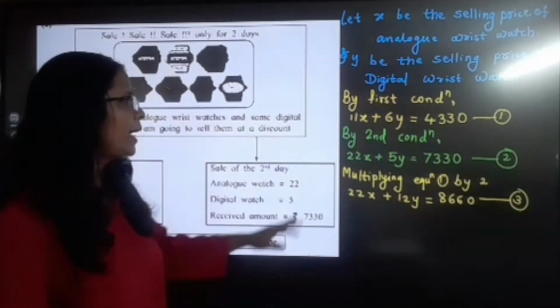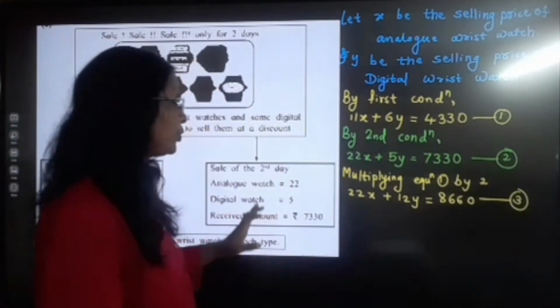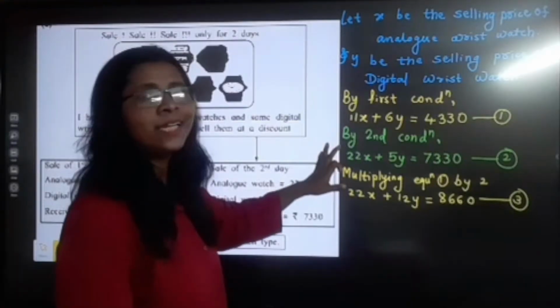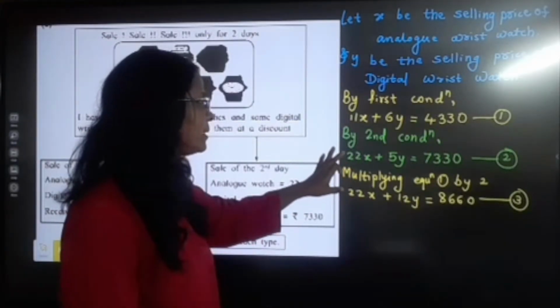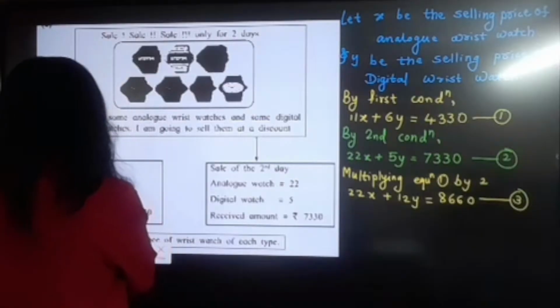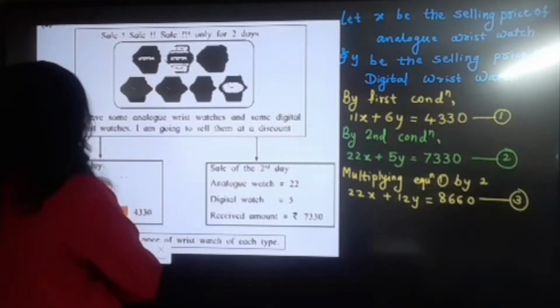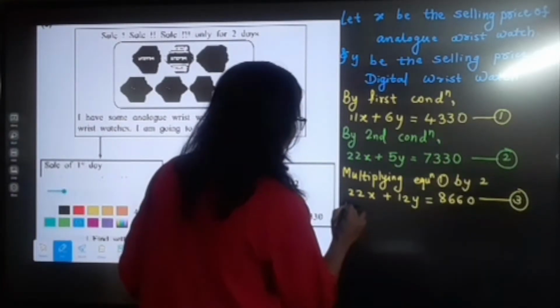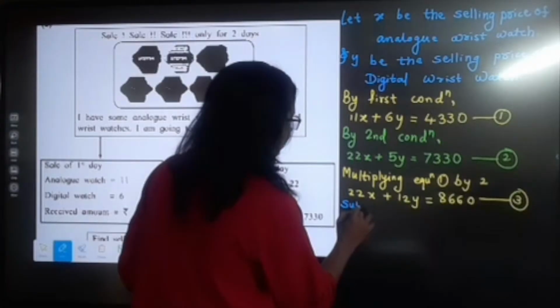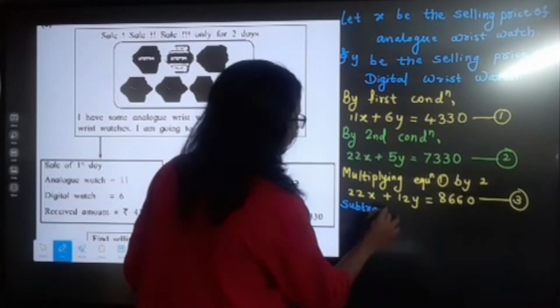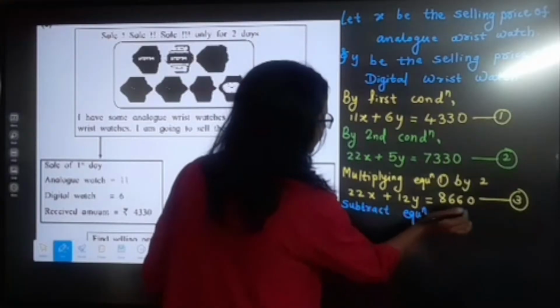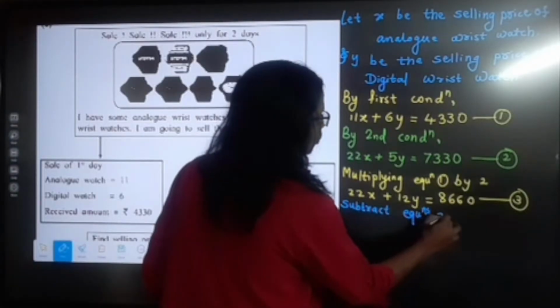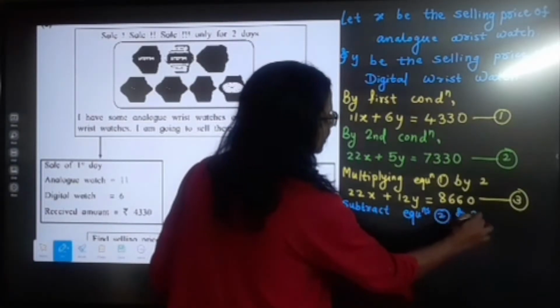Now we have the second and third equations, and the coefficients of x are equal, 22x and 22x. So we subtract equations 2 and 3.